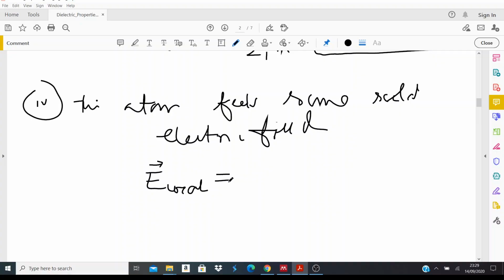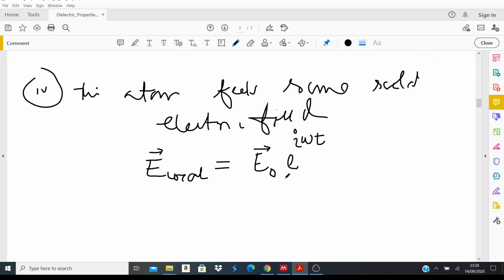It means it is either a sine or a cosine. It is a vector with some amplitude which is independent of space, so it is just a function of r, and then the time part. This fluctuating electric field is e to the power i omega t, in Euler notation. If you expand e to the power i omega t, we get cos omega t plus i sin omega t.